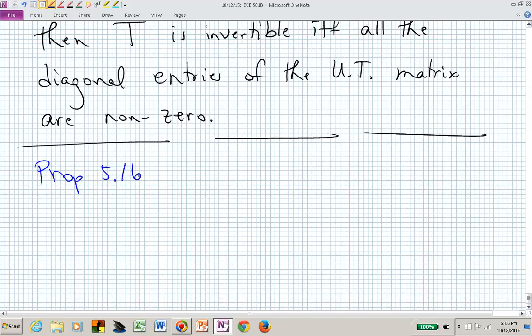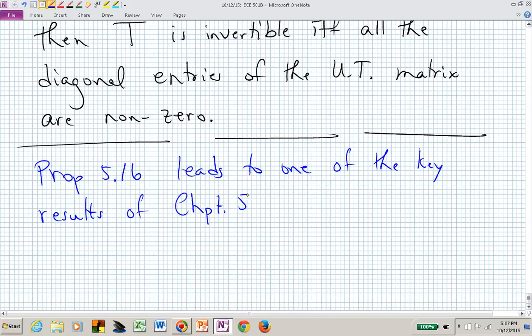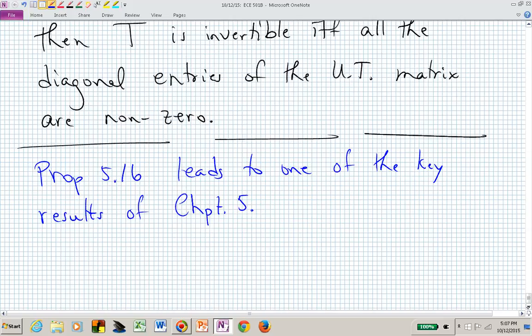That proposition, 5.16, leads to one of the key results of chapter 5.